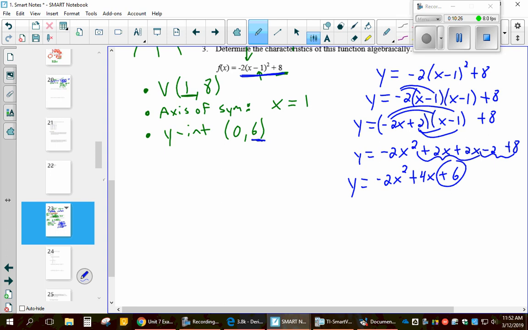Okay, now we need to put this in factored form. That really just means factor. I've got that 2 goes into all of these, so my first step is to factor out a negative 2. So we're going to say negative 2, start my bracket. And now I'm left with x squared minus 2x minus 3.